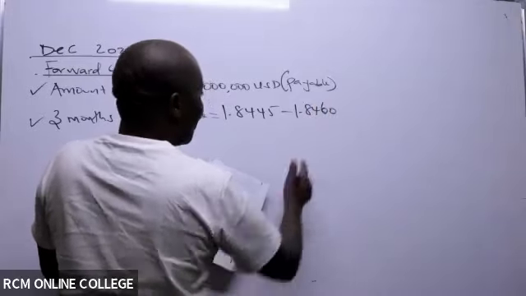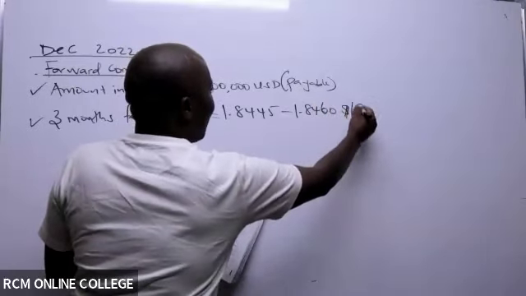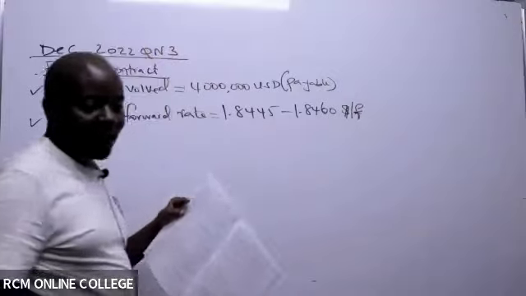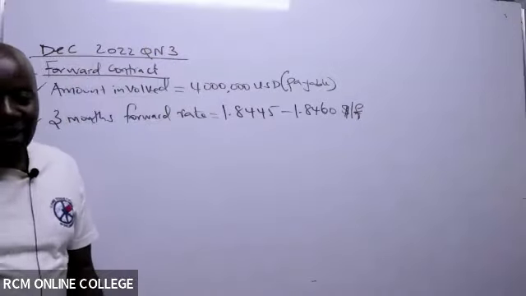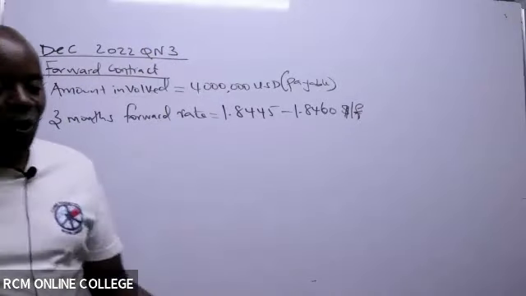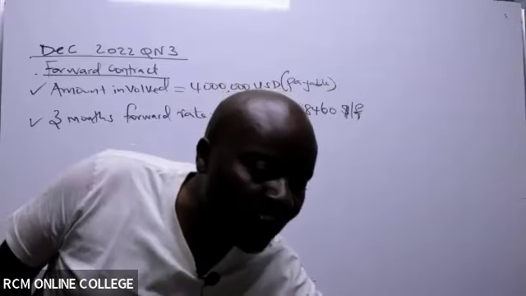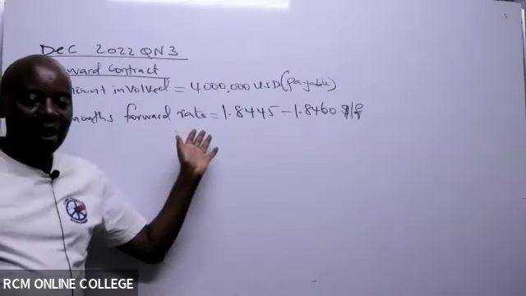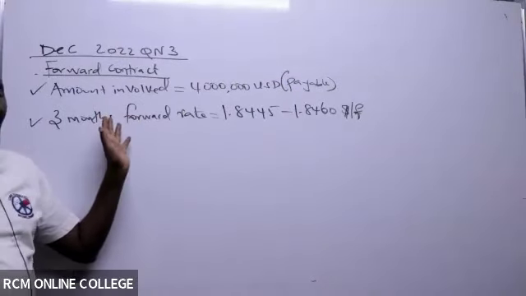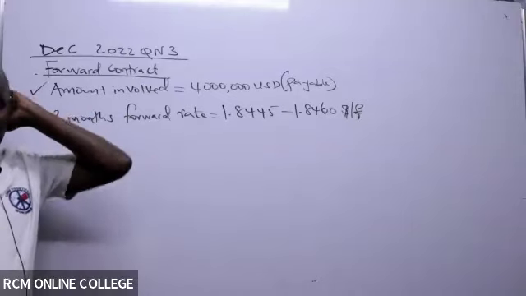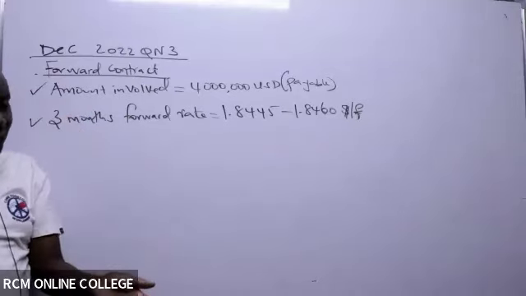These are dollars per pound, as given up there. So up to here, ladies and gentlemen, are we really together? You only need 2 things for you to be able to do a forward contract question.